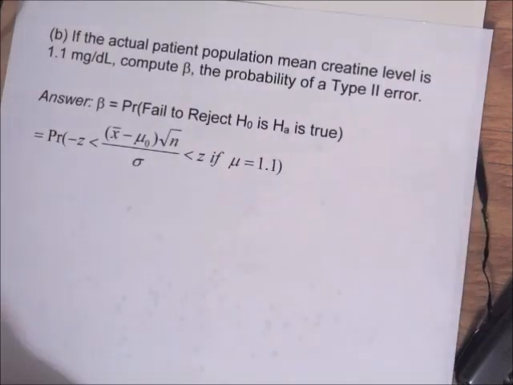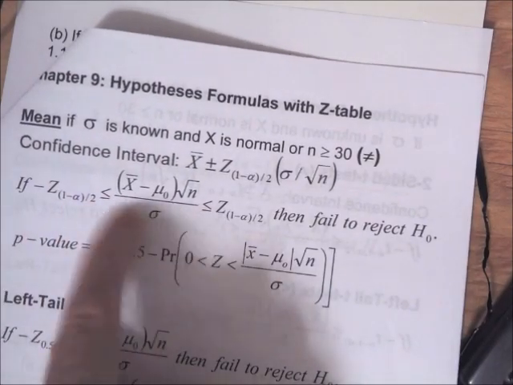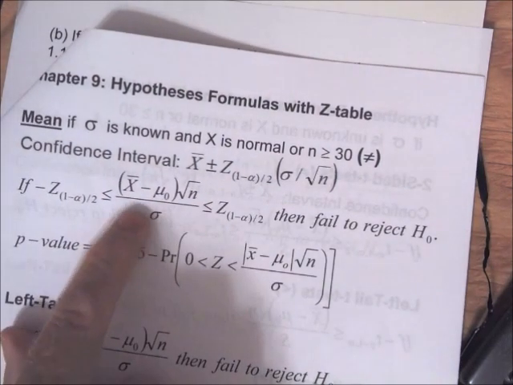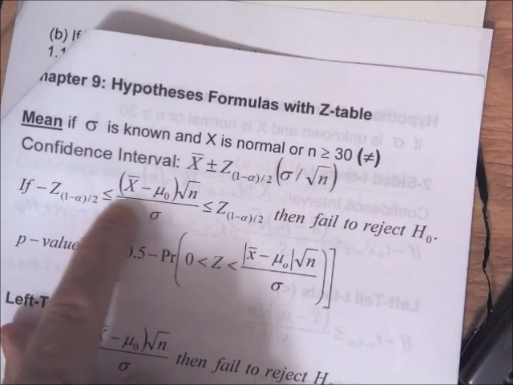And if we look at the formula for when we fail to reject H naught, we fail to reject H naught if the test statistic is between the two critical values from the table. So for the error types, I think it's going to be easiest if we use the critical value formula, work from that formula.